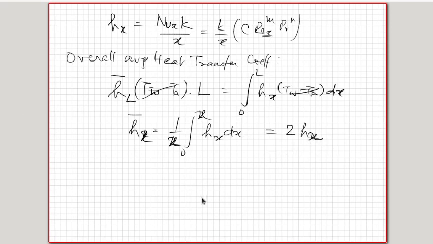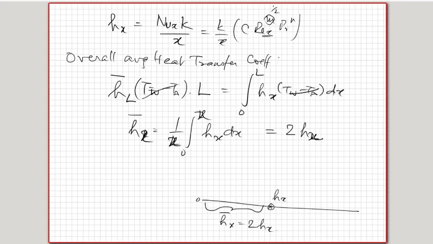So if for example on this plate at this location I have the heat transfer coefficient as Hx, then the cumulative heat transfer coefficient from 0 to that location, the H bar x, will be equal to 2Hx. Okay, so that is the expression that you will get because this Re x has a power, this m is half. So this will become 2.